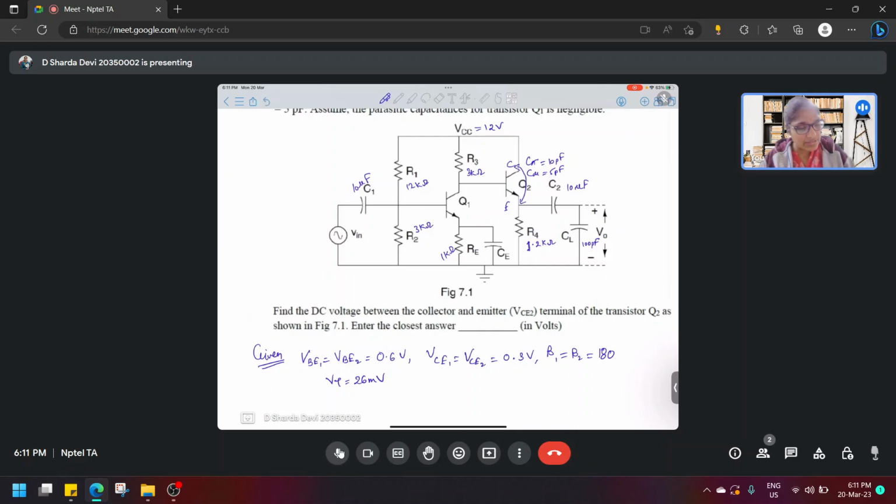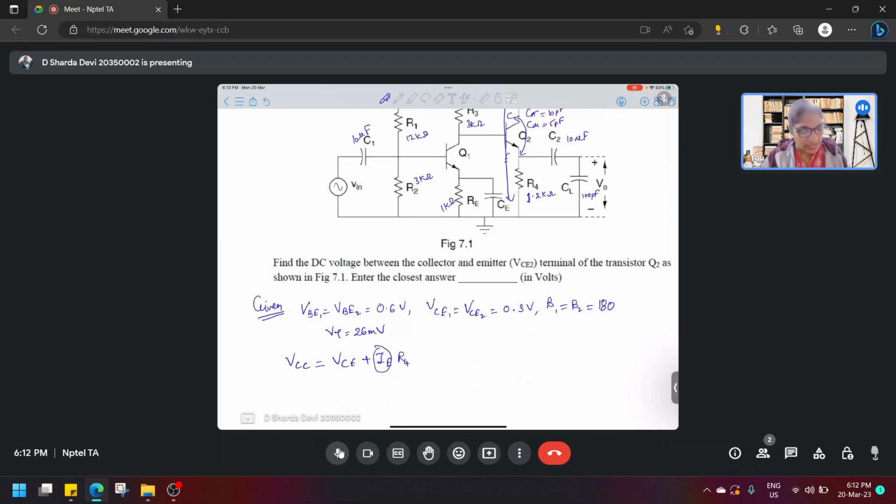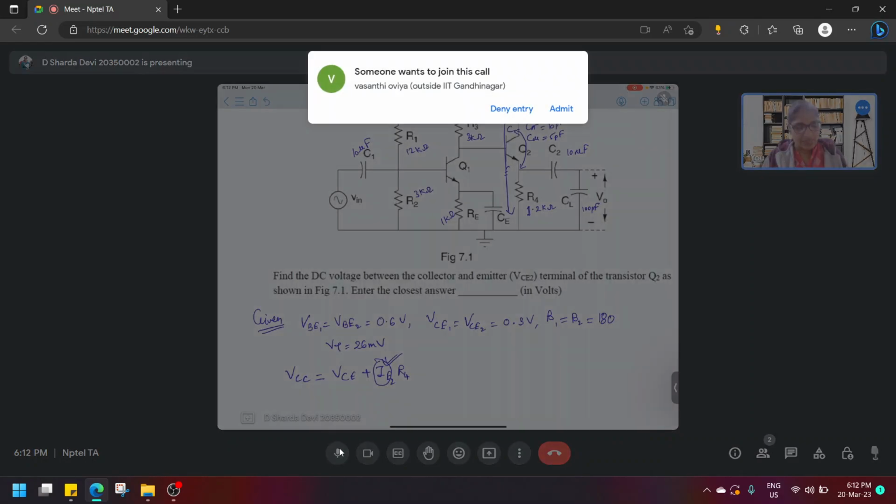If we look at this particular path, we can say VCC equal to VC plus IR4, right? So the moment we know IE2, we can simply find out this drop across R4 and we'll find it.